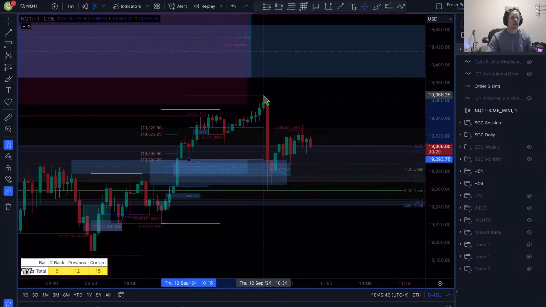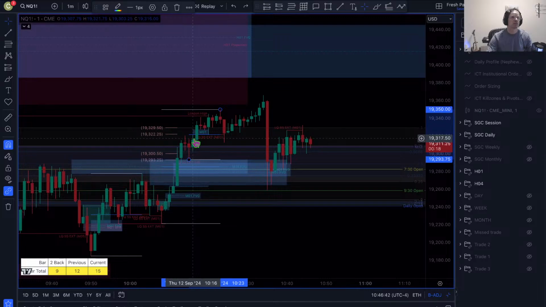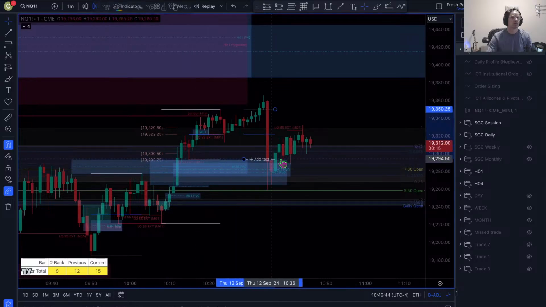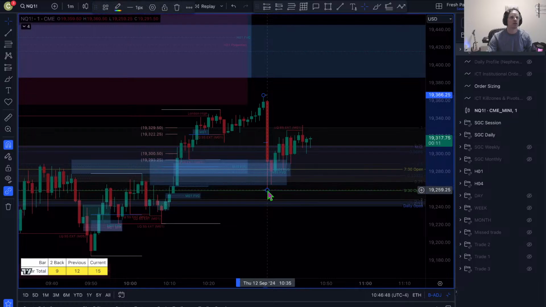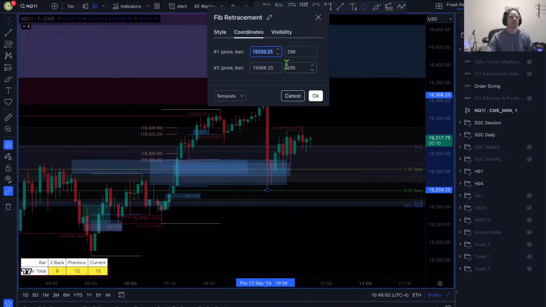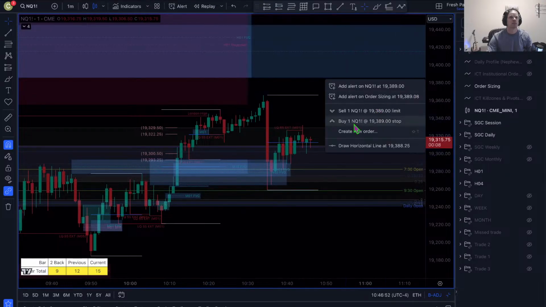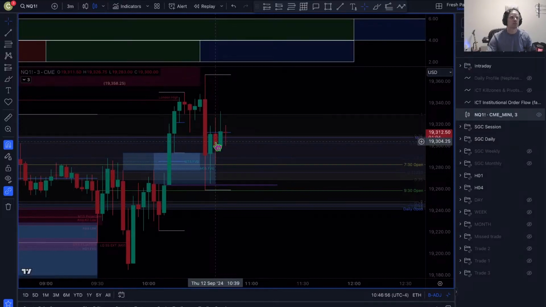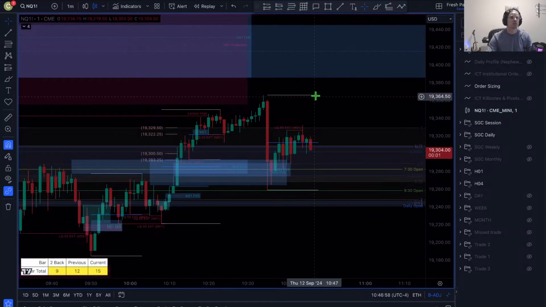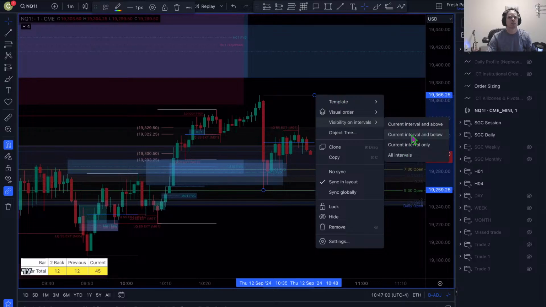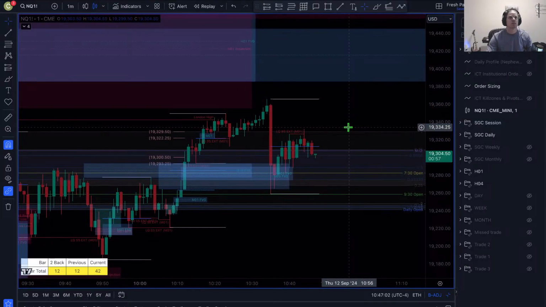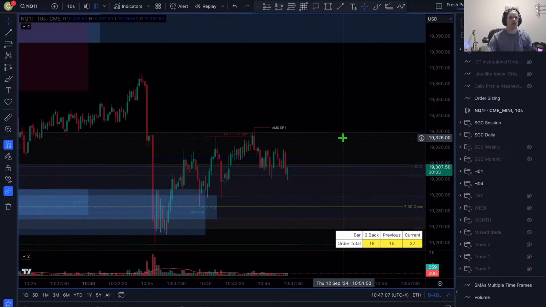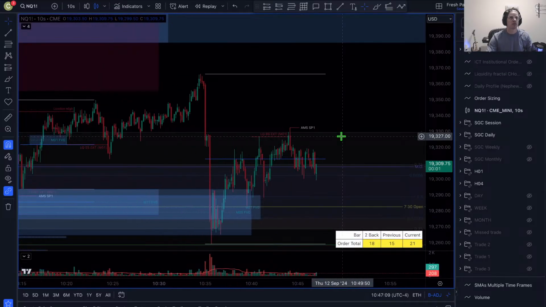Effectively, I have to look at this as your M1 structure right now. Engineer more liquidity to seek to the downside, even if this is manipulation.